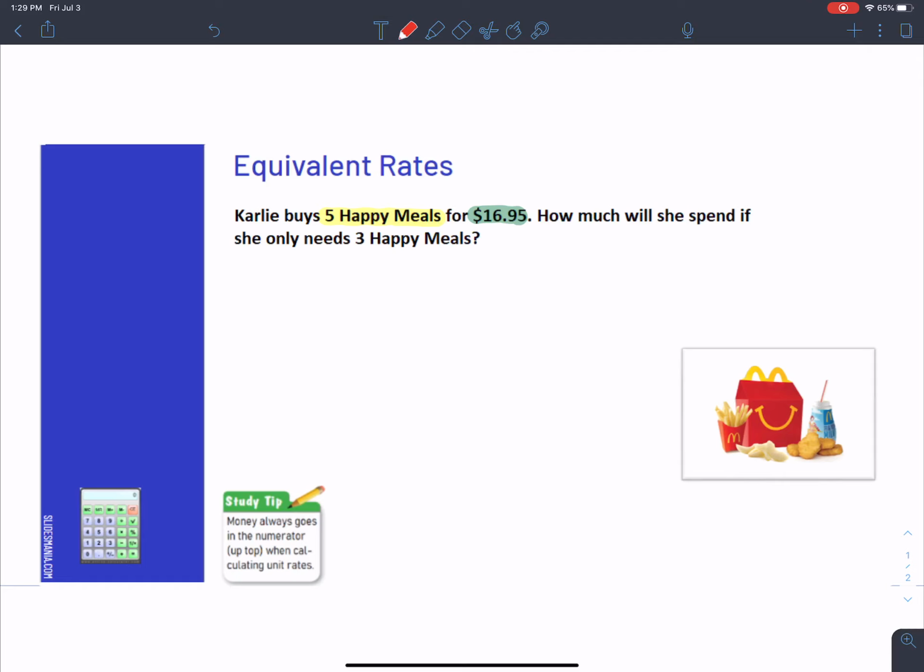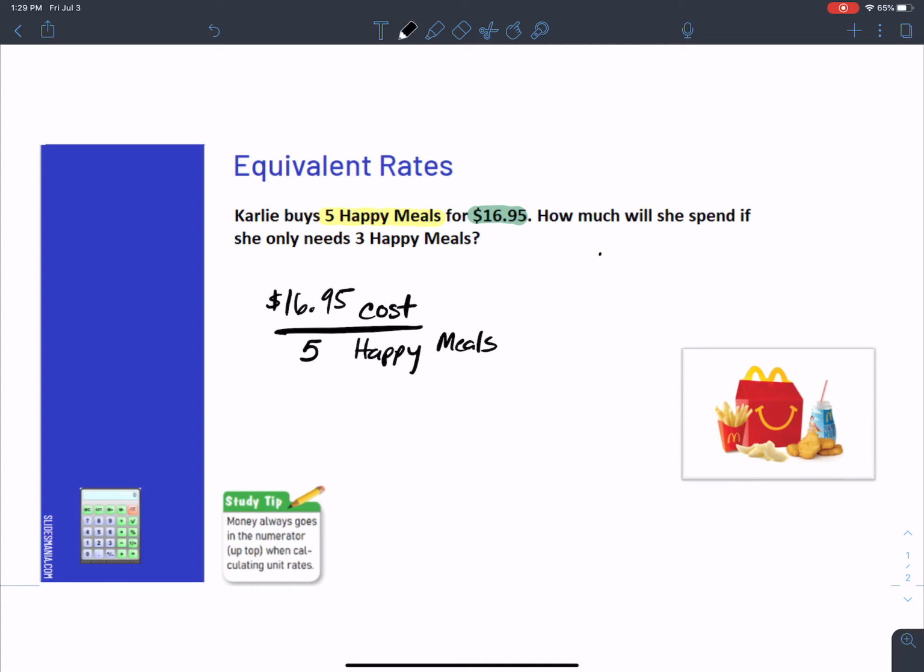So let's go ahead and work this out. Money always goes on top, so our costs will go on top. And then the number of Happy Meals will go in the denominator. So how much did it cost? It cost $16.95 for the Happy Meals. And how many was she able to get? She was able to get 5 Happy Meals.